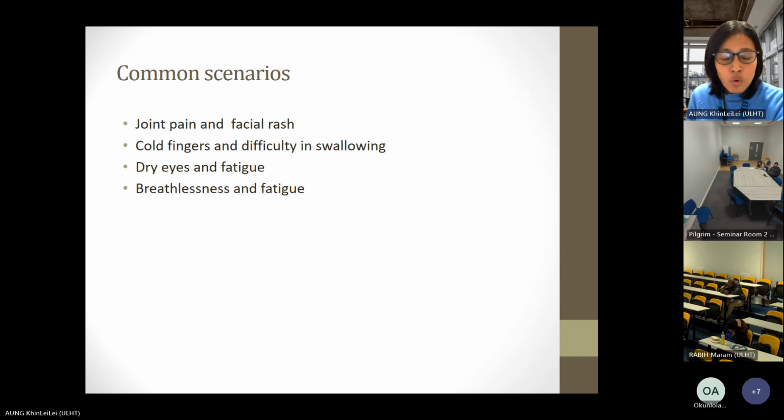But when you take the history from the patient, you need to include some salient features. Although the scenario presents with joint pain and facial rash, you need to ask about Raynaud's, dry eye, dry mouth, breathlessness, fatigue, everything, because sometimes they can overlap with each other.